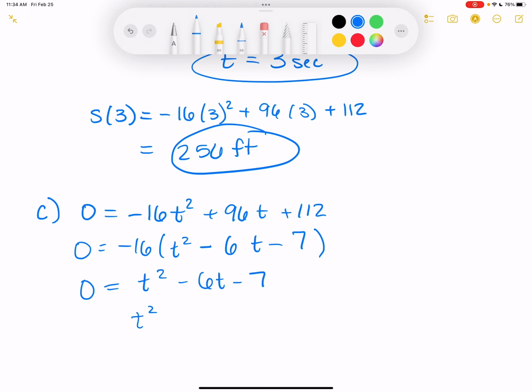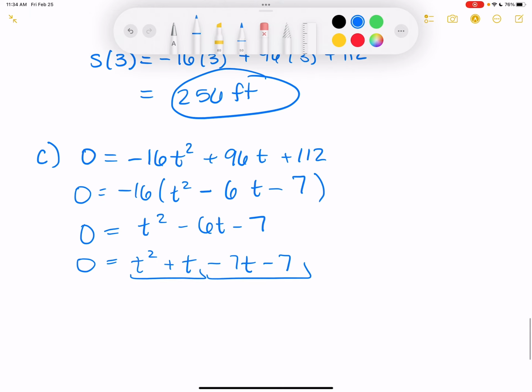Wait, no. Do plus 1 minus plus 1t. t times t plus 1 minus 7 times t plus 1.